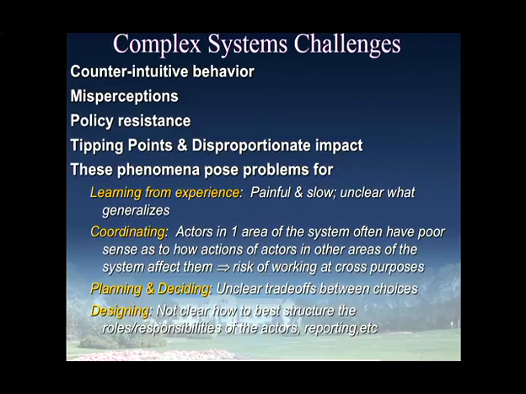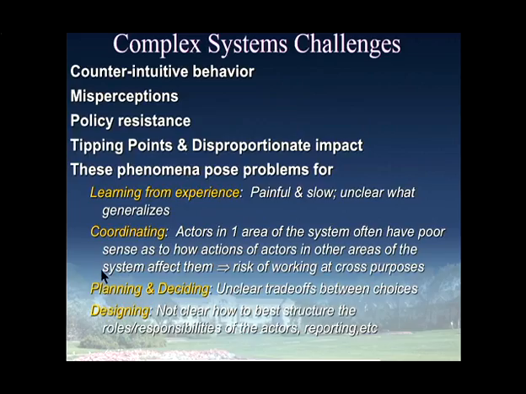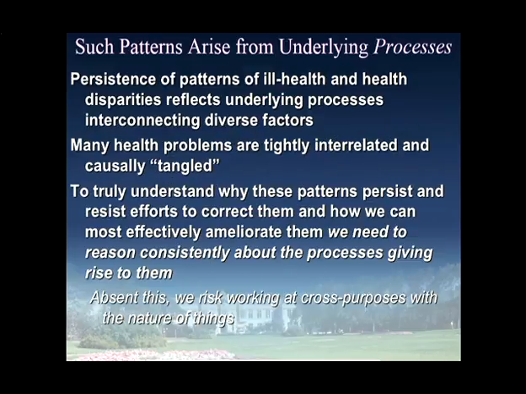In short, if we don't understand these patterns of emergence, we may end up sort of flopping around when trying to undertake these actions, trying to learn from experience, coordinate, plan, decide, and design systems, where really we need something stronger than that.